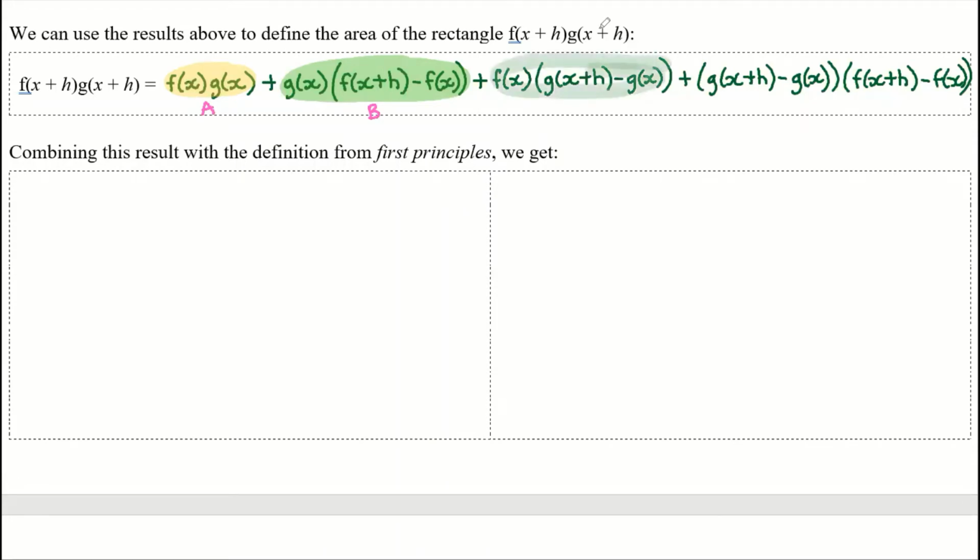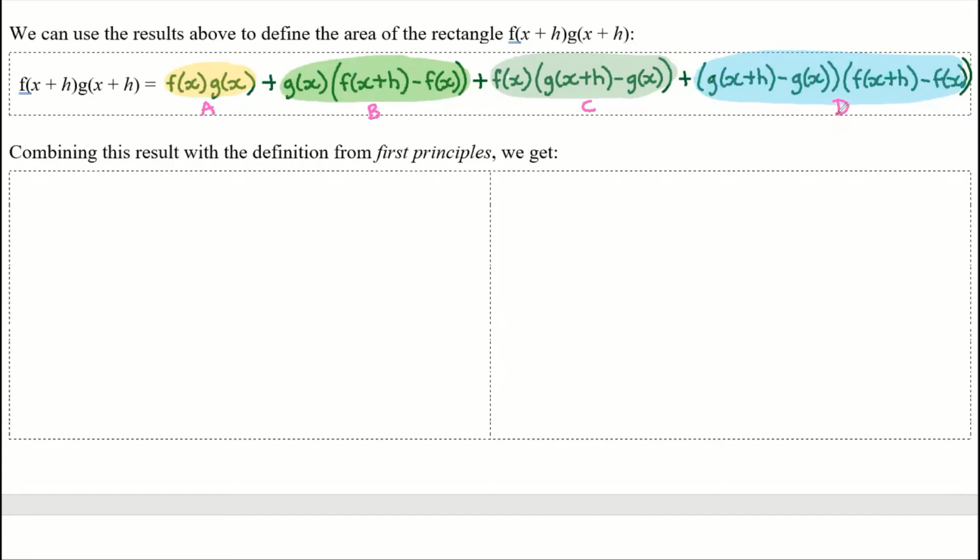So there we have C. Okay, and then finally, we have D, which is obviously the small rectangle. So it's the differences between both g of x plus h and g of x, and f of x plus h and f of x. So let's just label those just for your notes. So that's the area of C, and that's the area of D.